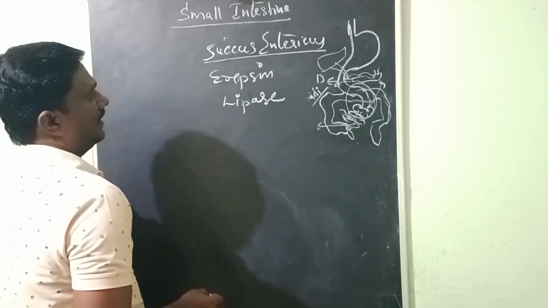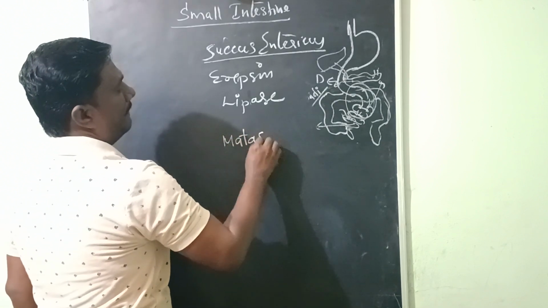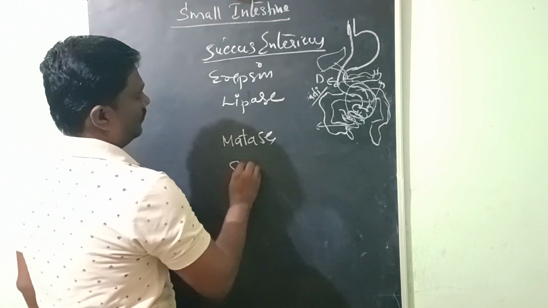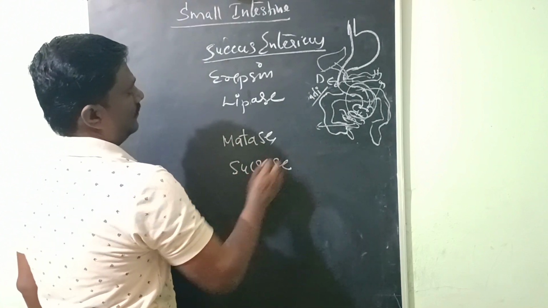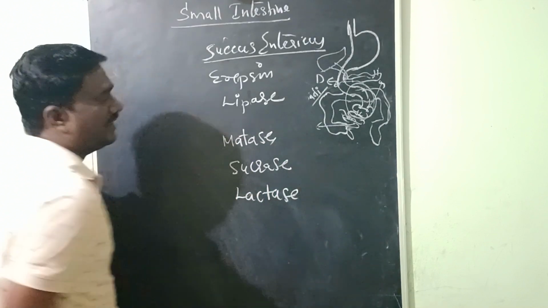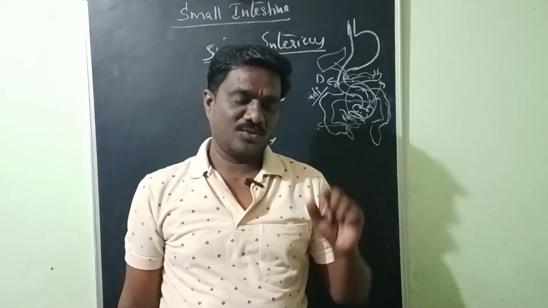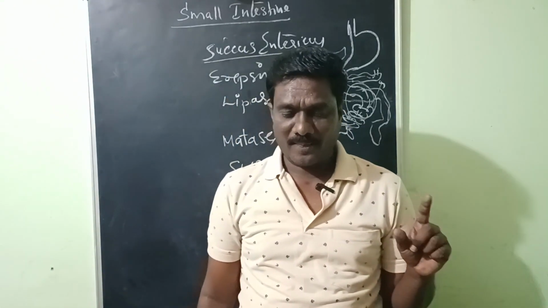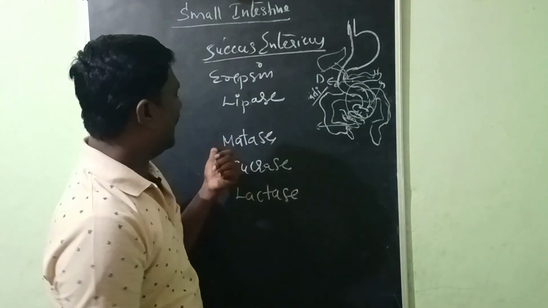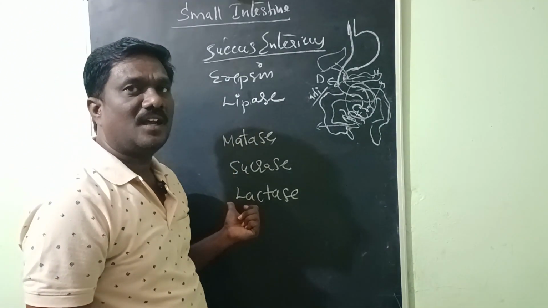Next are the maltase, sucrase, and lactase enzymes. These three enzymes act on the carbohydrates, the simple sugars. Maltase, sucrase, and lactase.